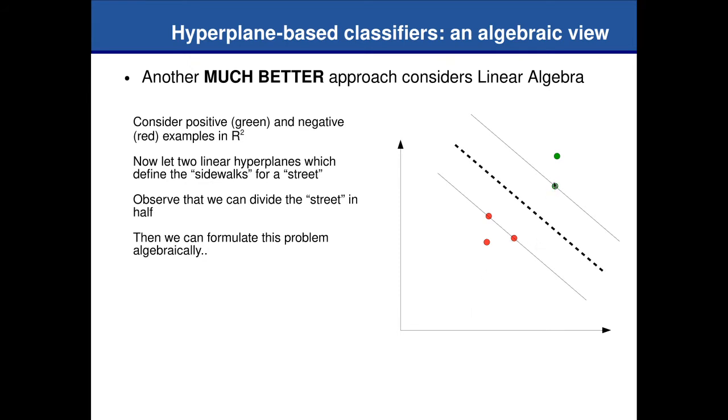There is a trick over here to consider. This point from the positive class, which is the closest to the hyperplane, should be classified as +1. Those points which are the closest to the hyperplane from the negative side should be classified as -1.